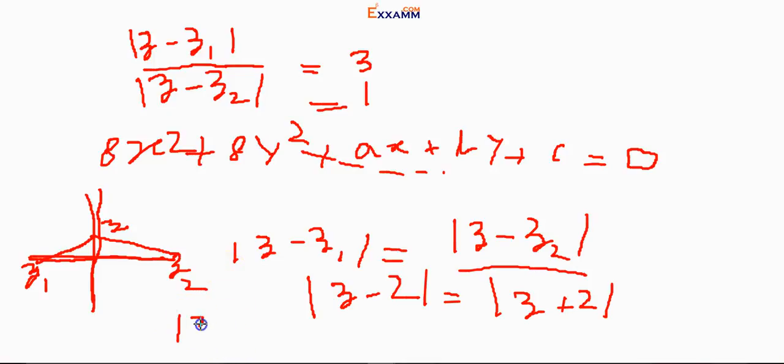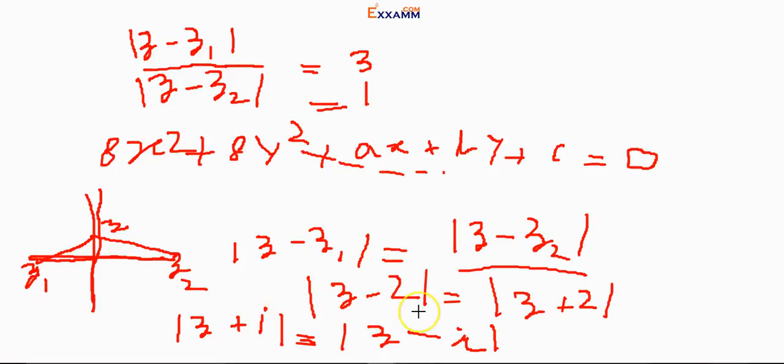So when we say modulus of z plus i is equal to modulus of z minus i, then in that case where would z lie? z would lie on the perpendicular bisector of the line joining minus i and plus i.